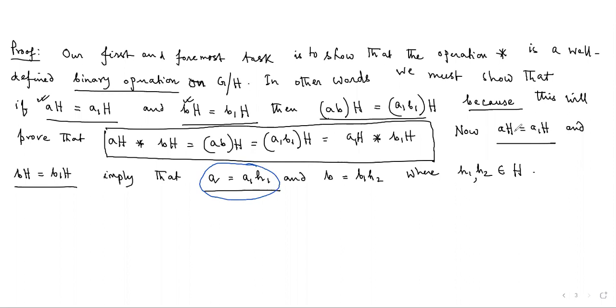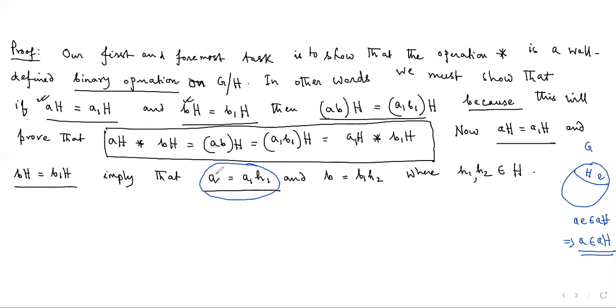Since H is a subgroup, if capital G is the group and H is the subgroup, then the identity element of G belongs to capital H. So if you want to construct AH, you have to consider the element E also, which resides in H. So we must find an element of the form AE, because AE belongs to AH. And what is AE? AE is A and it belongs to AH, isn't it?